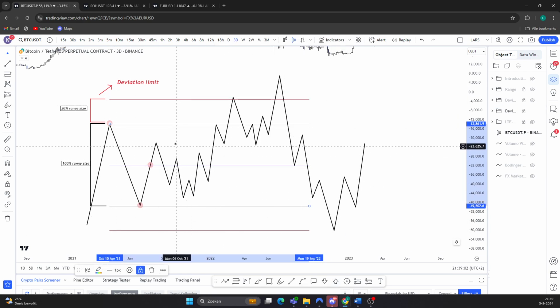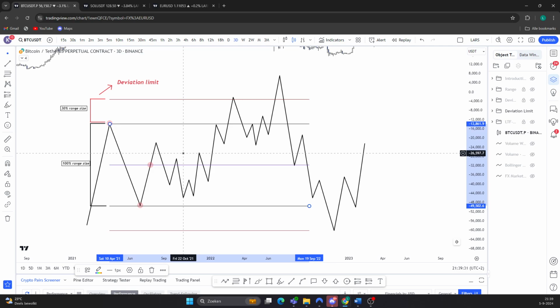So when price is breaking your range high, but it doesn't close above your deviation limit, it still falls in the category of a deviation. And when you're breaking the range low, but you're not closing below your deviation limit, it still falls in the category of a deviation.